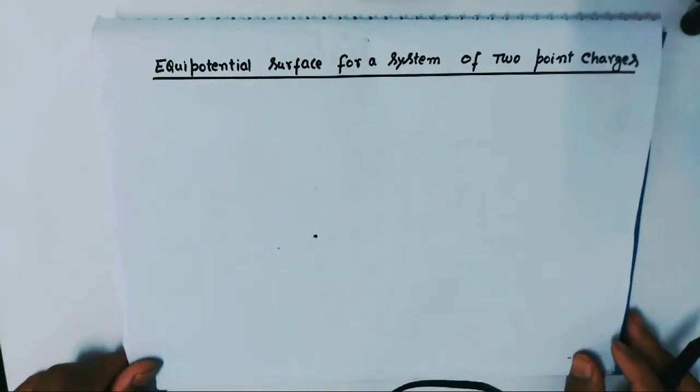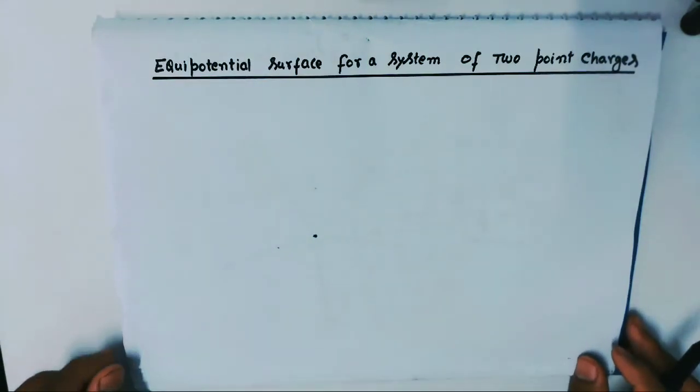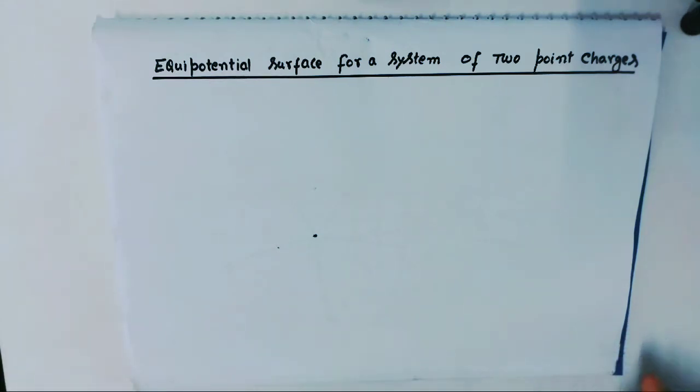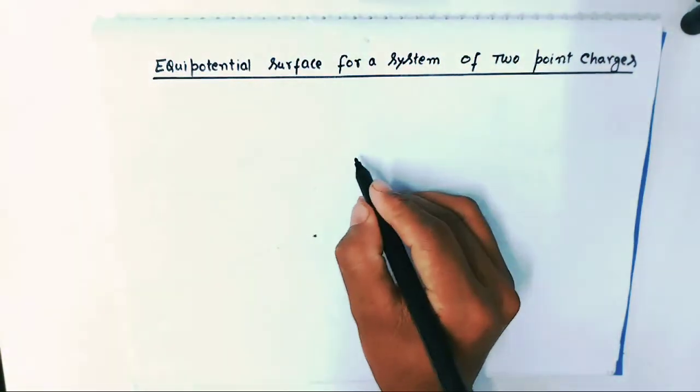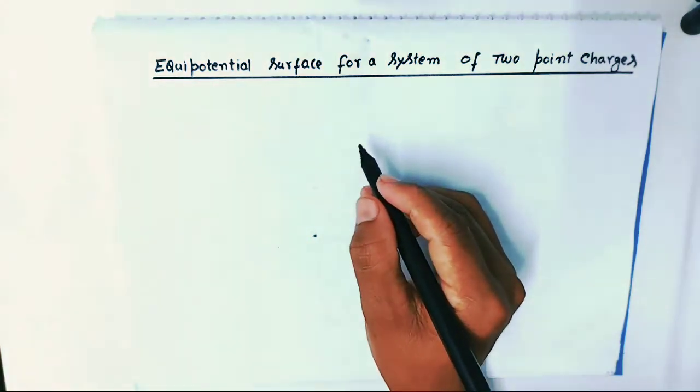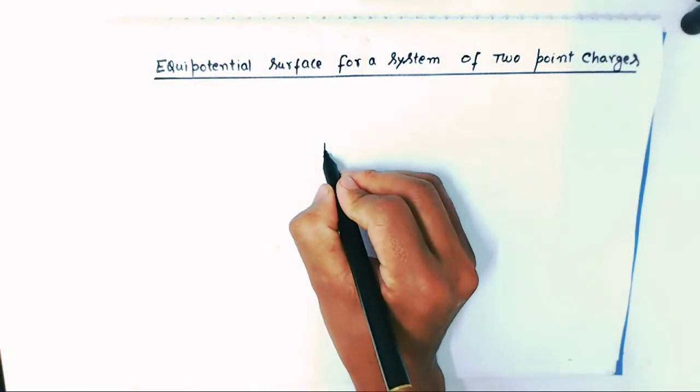Now we will draw the equipotential surfaces for a system of two point charges. First of all, let us consider that both the charges are plus.